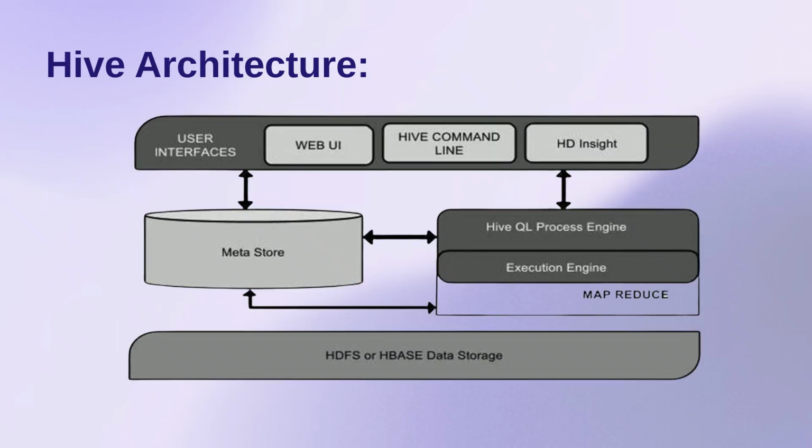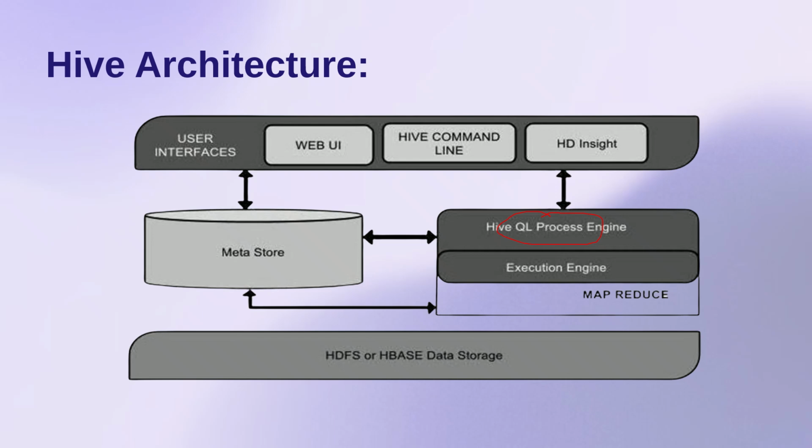Then we have the HiveQL process engine, which is used to process HiveQL queries. If the user has written a HiveQL query and wants to process it on the HDFS directly, it is not possible because HDFS only understands MapReduce. So we need to convert HiveQL queries to a MapReduce program, and then we execute those on HDFS.